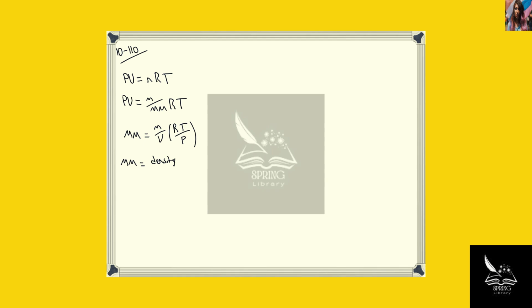Now, in order for this to work, we need to have units of density. Density needs to be in units of kilograms per meter cubed. The units kilograms per meter cubed are the same as grams per milliliter, but we do need to be aware that those are the correct units. Then the R value that we use will be 8.314.